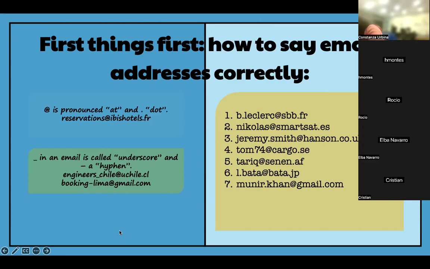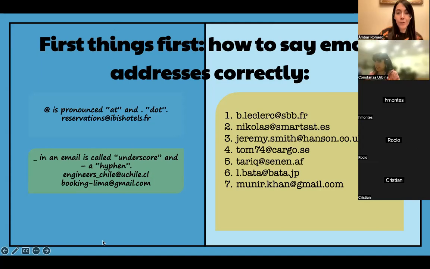Good. And then? At Senen.af. Remember there is an E. Yes, S-E-N-E-N. Sorry. Very good. All right. Don't worry. Vowels are difficult. We always get confused between I, A, E, etc.